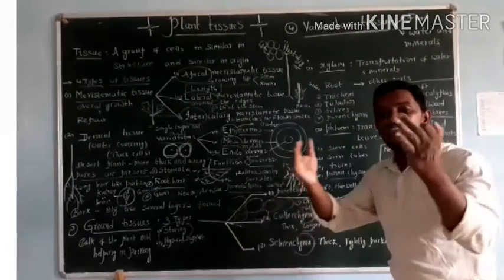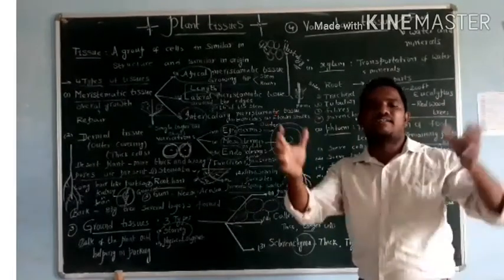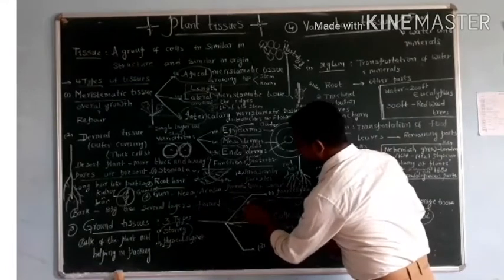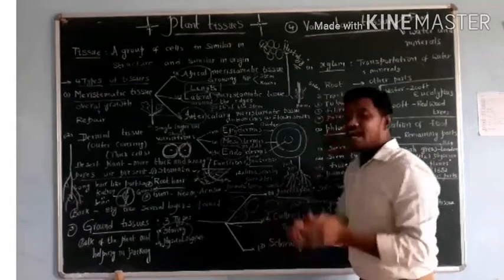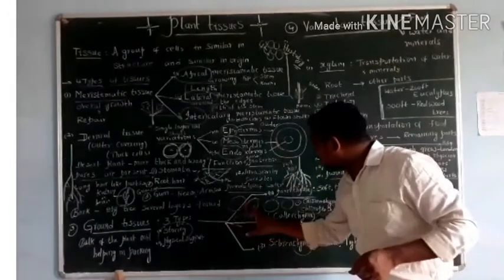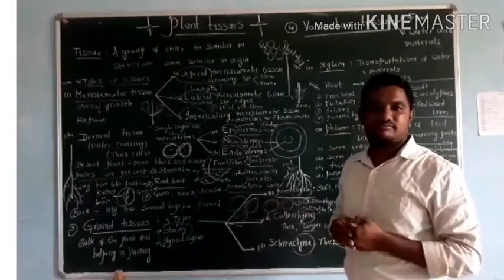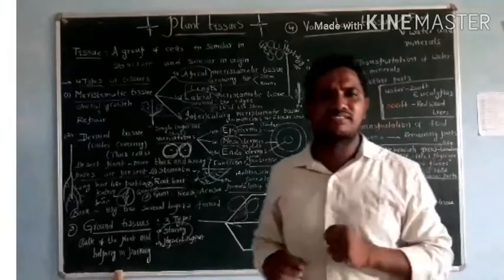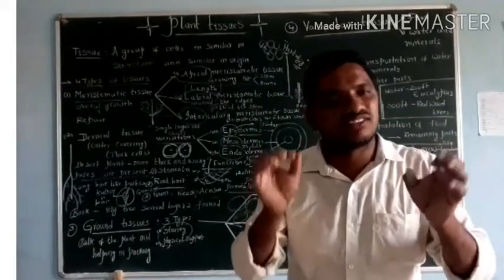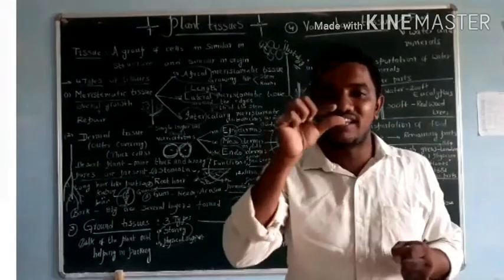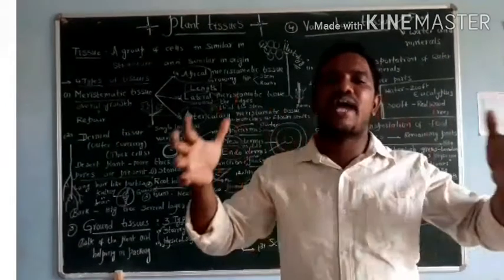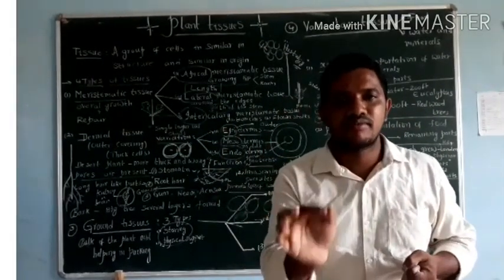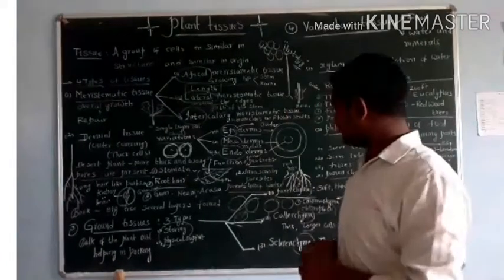These cells are all loosely packed. They have gaps between one cell and another. What are the characteristics of parenchyma? Parenchyma cells are soft, thin and loosely packed. Such tissues are called parenchyma.